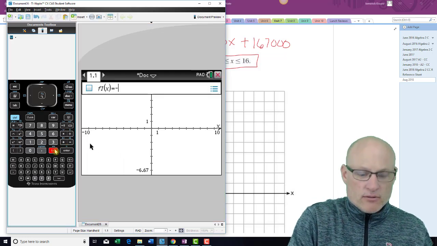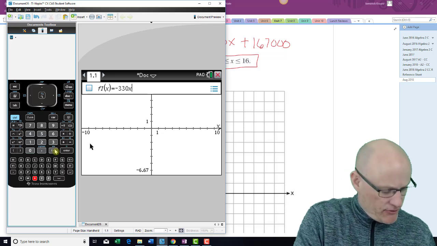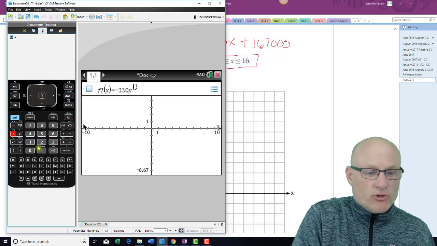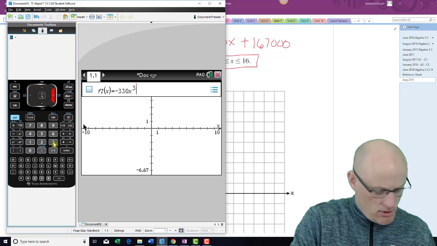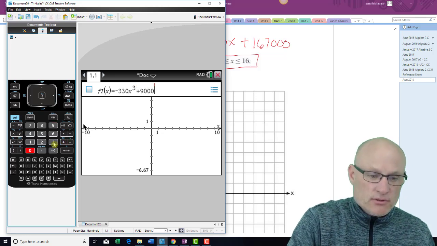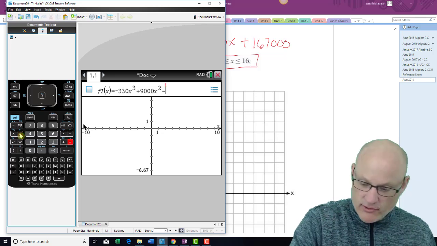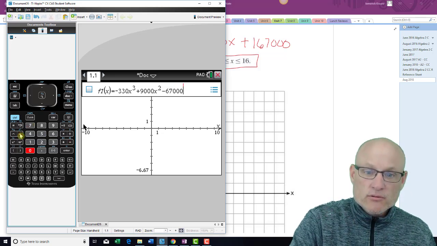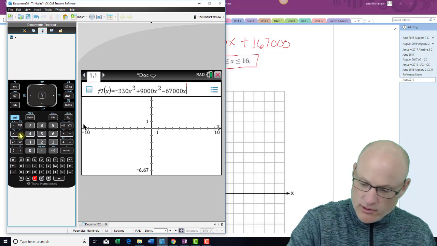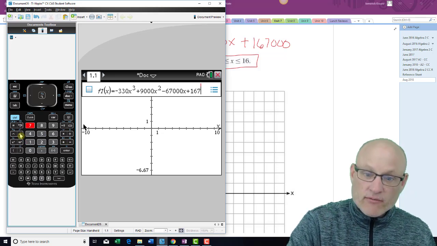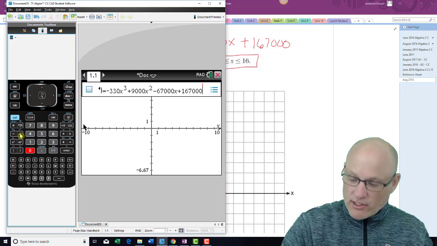So negative 330x cubed plus 9,000 x squared minus 67,000 x plus 167,000. Press enter.